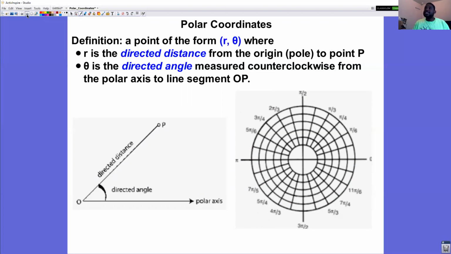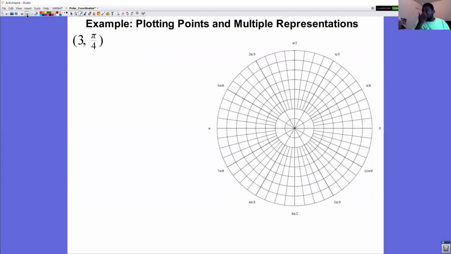So with that said, we're going to go ahead and do an example talking about how to plot points in multiple representations. As you can see on the screen, we have the point 3 comma pi over 4. And what we're going to do is plot the point, and then we're going to look for 3 additional points that represent the same point.